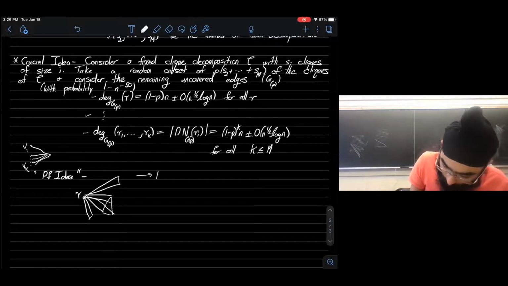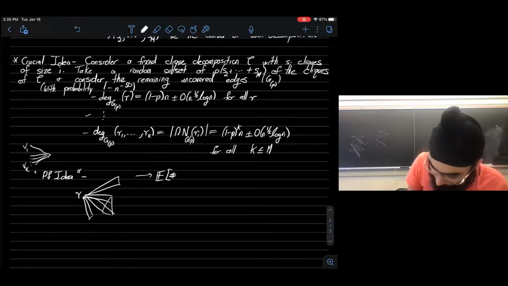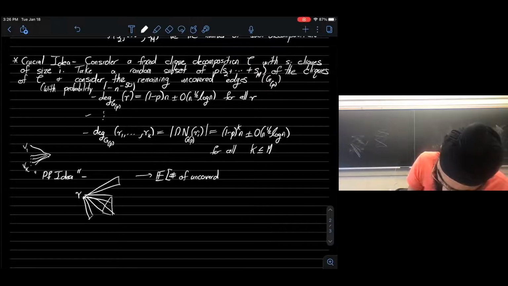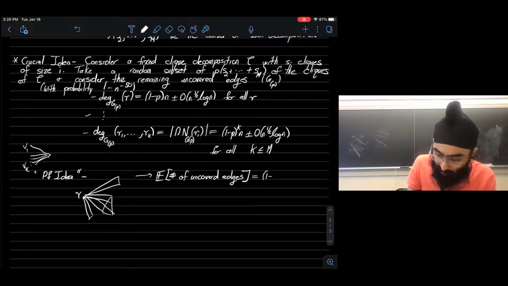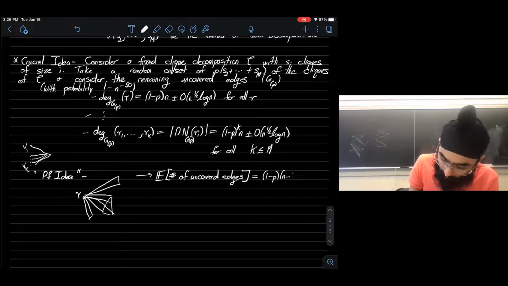So the expected number of uncovered edges: I can just look at every edge. The probability it survives is 1 minus p. So this is exactly (1 minus p) times (n minus 1).